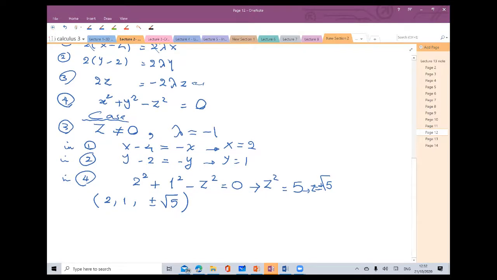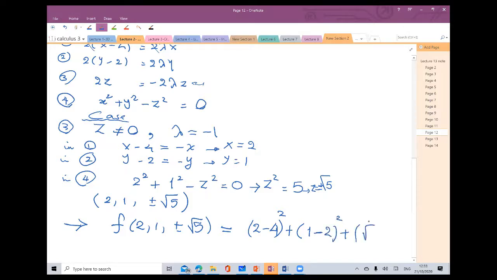Okay. So the function value at this point (2, 1, plus or minus root 5) is equal to what? The function here was the distance: x minus 4, so I have here 2 minus 4 squared, plus y, which turned out to be 1 minus 2 squared, plus z squared, which is plus or minus root 5 all squared.